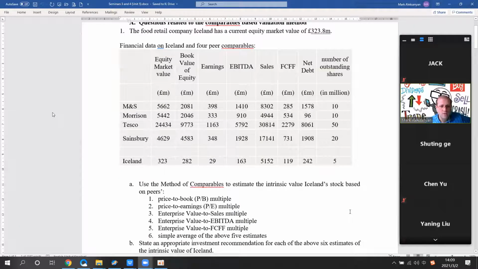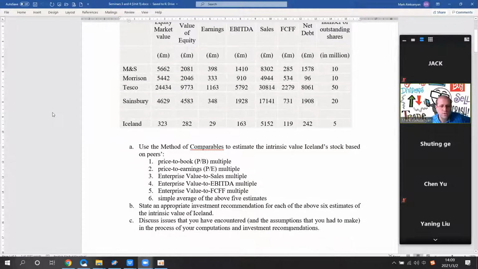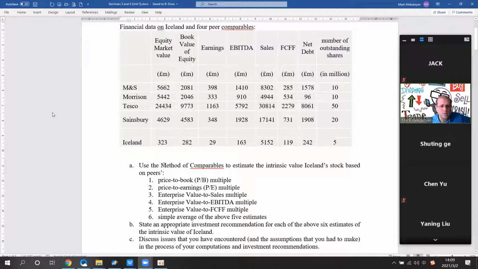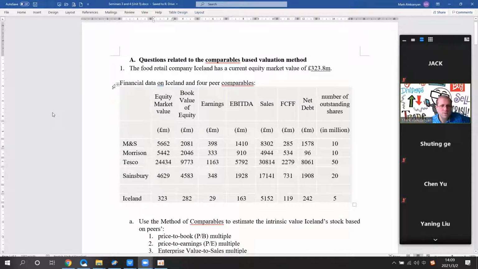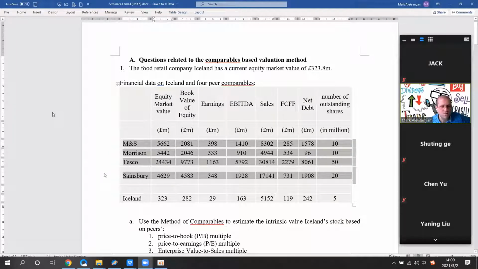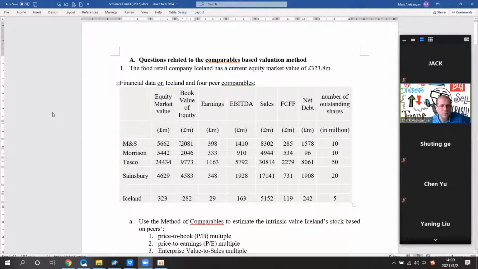In this question, you need to use the method of comparables to estimate the intrinsic value of Iceland stock. Okay. Here above, we have some financial data on the comparables and Iceland. So these are the companies that are essentially our peers or our comparable firms. And this information is collected from these companies' annual reports.